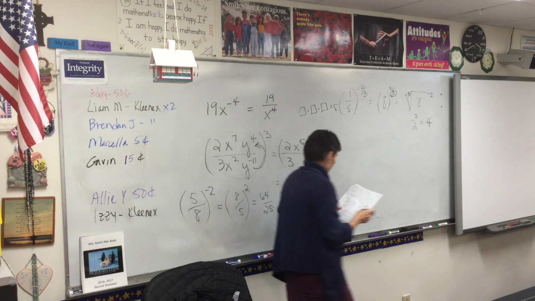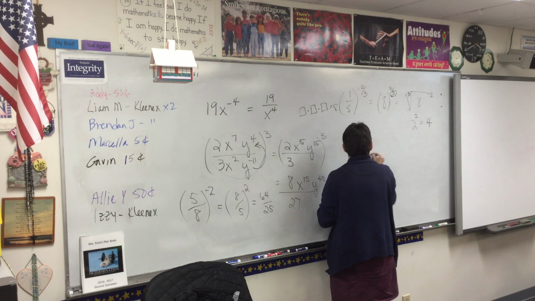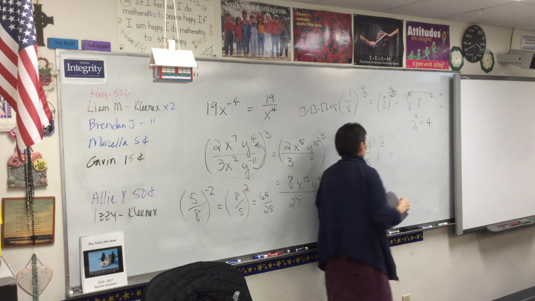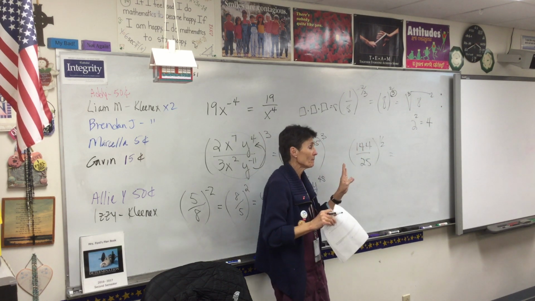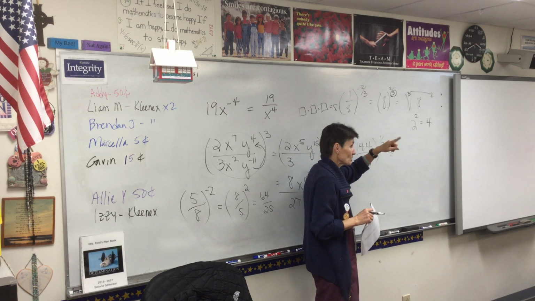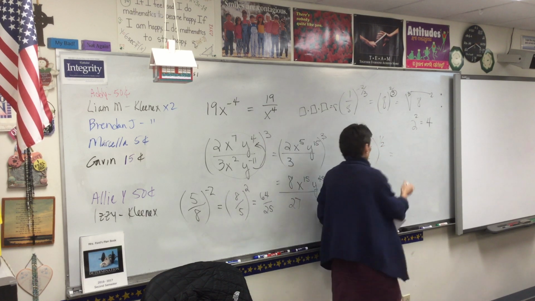And then finally, 144 over 25 to the 1/2. Well, there's no negatives here, so don't be flipping anything, but you got a fraction, right? What a fraction means is a radical.